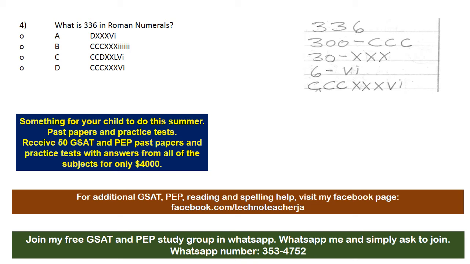C is smaller than M, so you subtract. C is 100, M is 1000. So it is 1000 minus 100, which is 900.